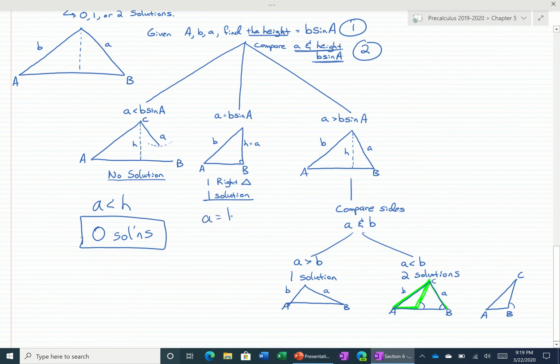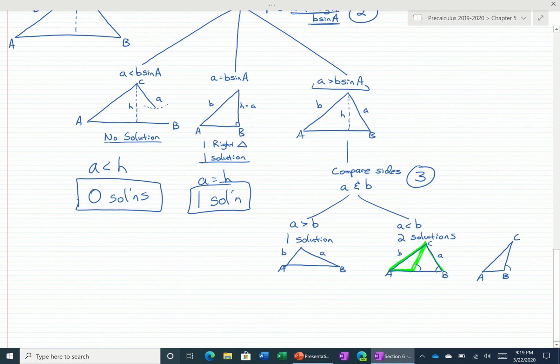If A equals the height, there's one solution. If side A is bigger than the height, then we have to compare the sides. If side A is bigger than B, there's one solution. And if side A is smaller than B, there's two solutions.